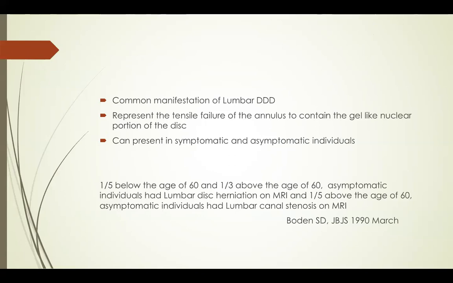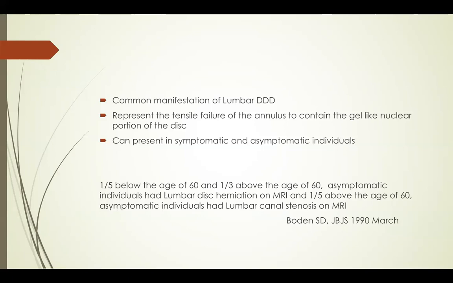The most important thing is this: if you're below age 60, almost 1/5 of people have this, and if you're more than 60, more than 1/3 of people have this without any symptoms. So it's common to have this even in asymptomatic patients if you do an MRI. That's for the disc herniation.